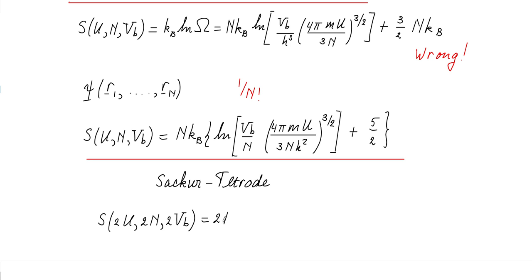And indeed we have a term 2n times kb. Then what happens with the term in the logarithm? Well, the volume doubles, but also the n doubles. So we still have a VB over n. And the same holds for the energy, which doubles, and here the n doubles. So also this term does not change when we double the system size.